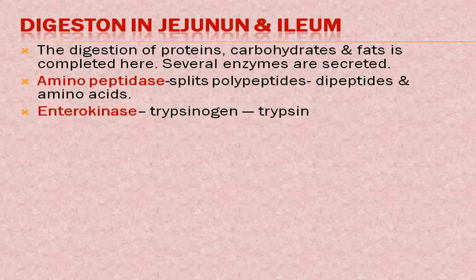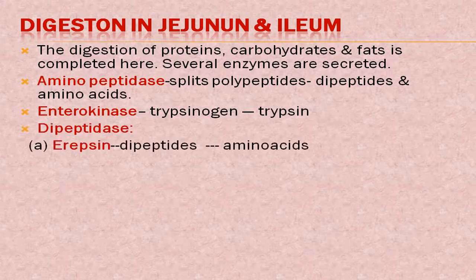Remember, we just have seen that enterokinase converts the inactive form trypsinogen into trypsin, and trypsinogen is the enzyme which is secreted in pancreatic juice, so it is a part of pancreatic juice. Dipeptidase, there are different types of dipeptidase, that convert dipeptides into amino acids.